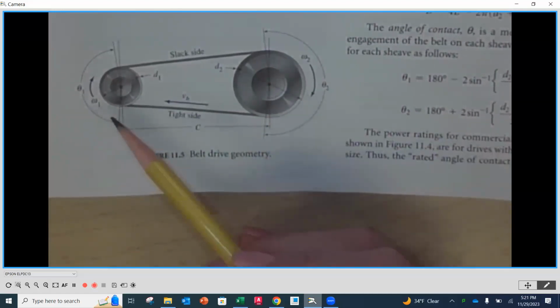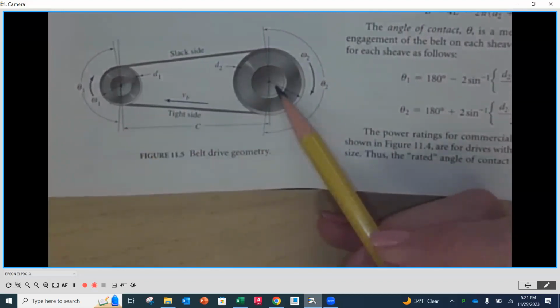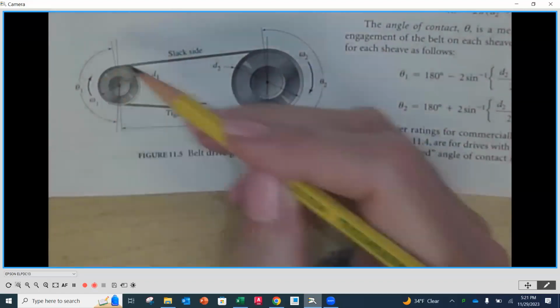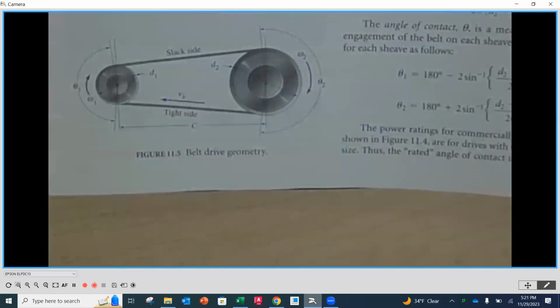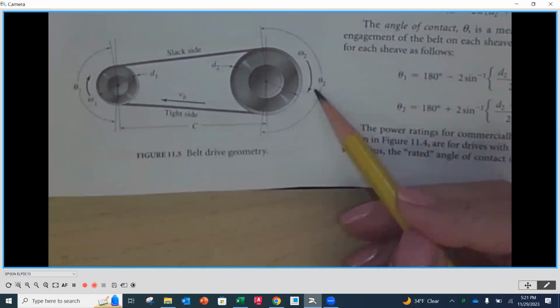So many times we refer to the small one as the driver and the larger one as the driven, okay? Now, as we go around, these are going to have rotational speed. The W1 in this case on the left-hand side for the smaller sheave is going to be the one that's going to go at a larger RPM. And then this one is going to be going at a slower RPM.